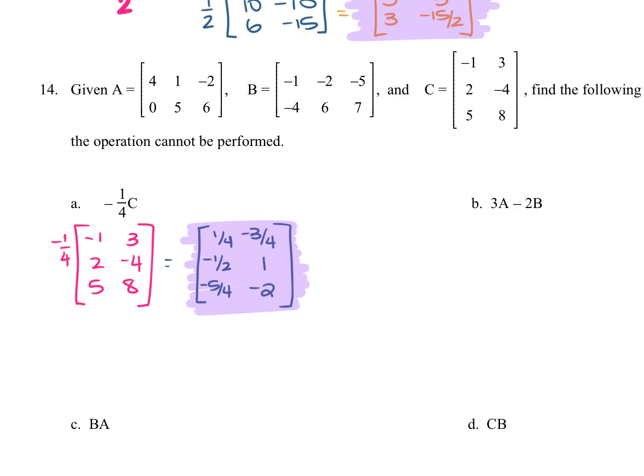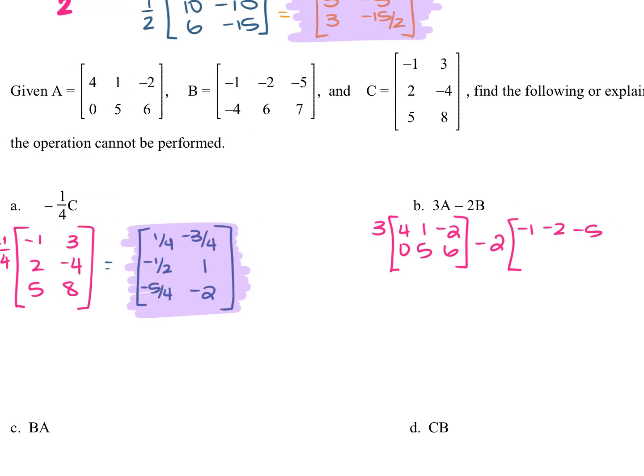For B, we're doing 3a minus 2b. So that's going to be 3 times 4, 1, negative 2, 0, 5, 6, minus 2 times negative 1, negative 2, negative 5, negative 4, 6, 7. So we're going to multiply in the 3 and the negative 2 first, and then add everything.